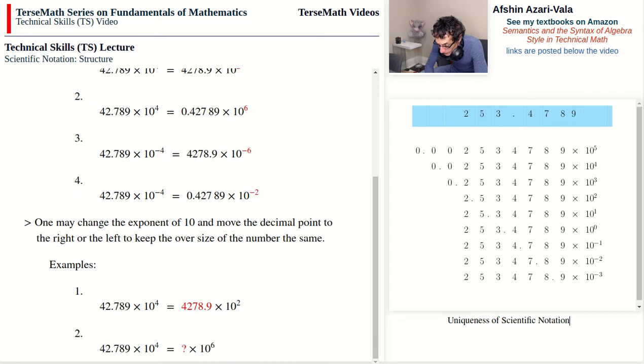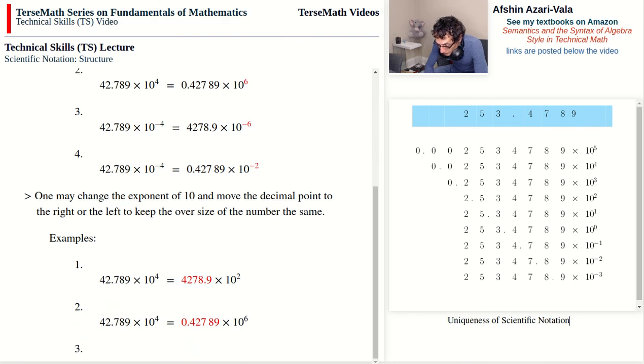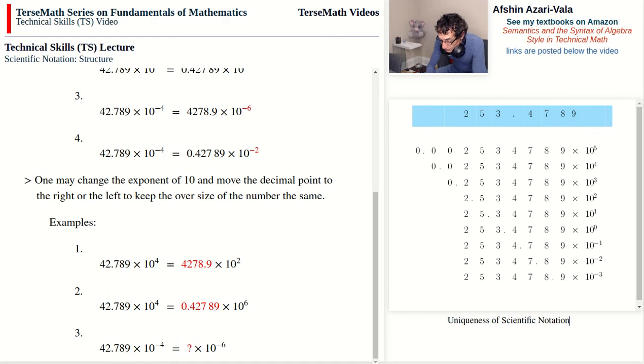Number 2, this time the exponent went up from 4 to 6, and so the decimal point moves back over 2 digits. And we get 0.42789. Number 3. Again, the rule works if you start with a negative exponent. Now you have to be careful here.